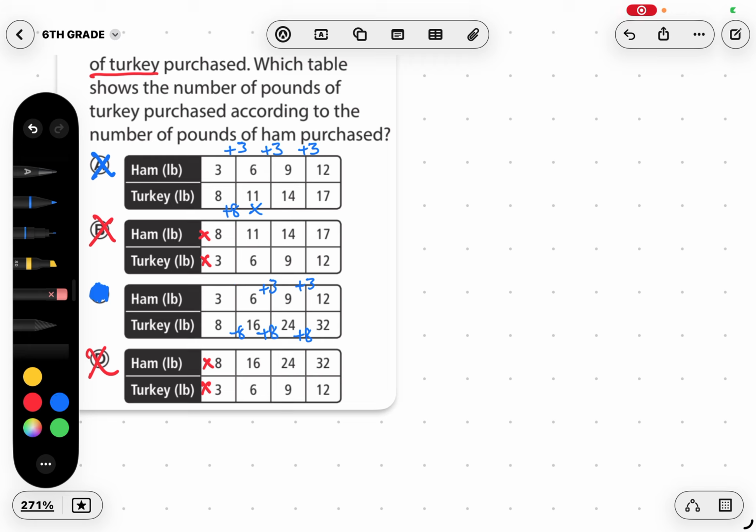Now, another way to verify that as well, okay, is to do what we did. We can write out the fraction, say this would be 3 over 8, should be equal to 6 over 16, should be equal to 9 over 24, which should be equal to 12 over 32.